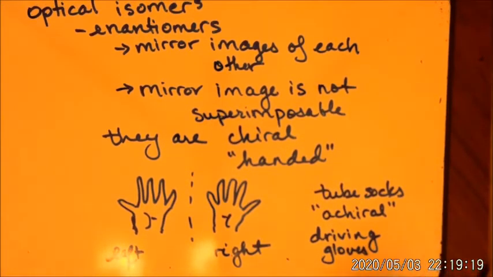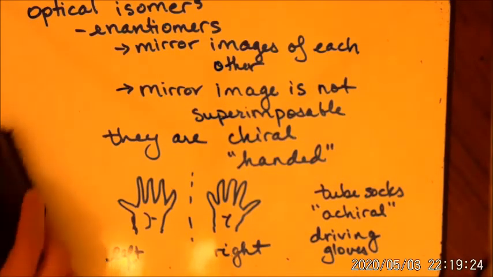Okay? So to determine whether something is an enantiomer of something else, if these two things that you're comparing are optical isomers, you're going to take the mirror image, and then basically you're going to see if you can superimpose it.